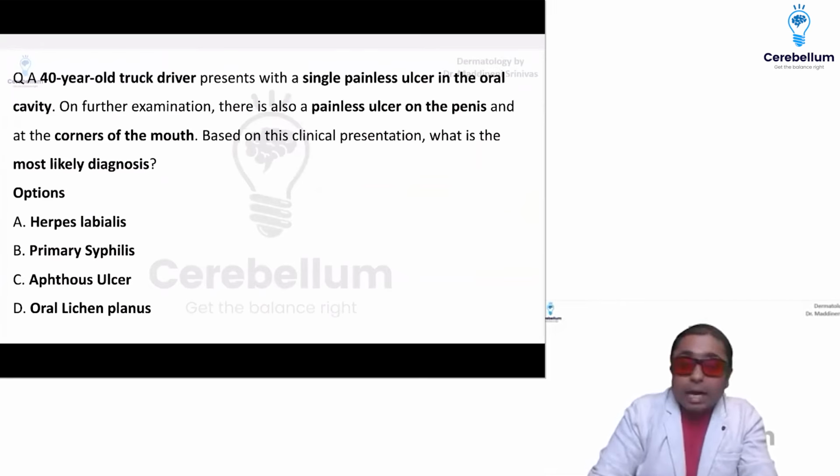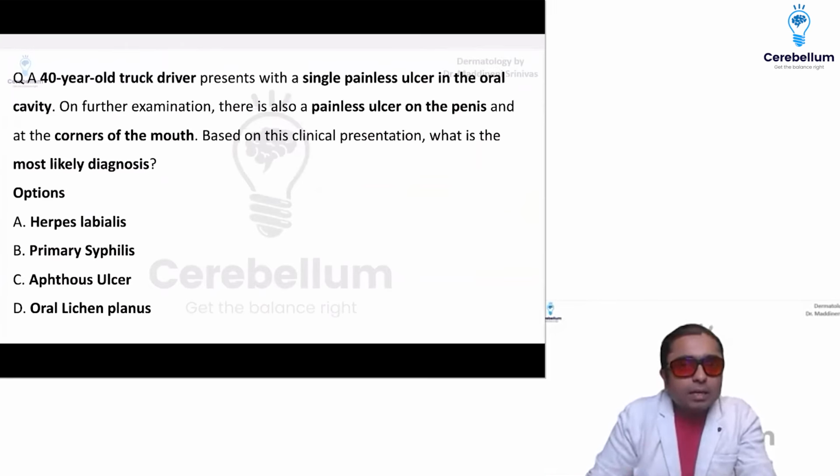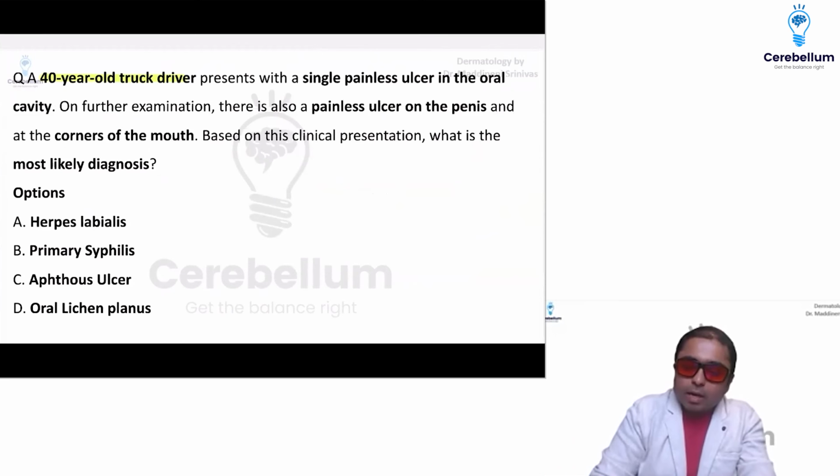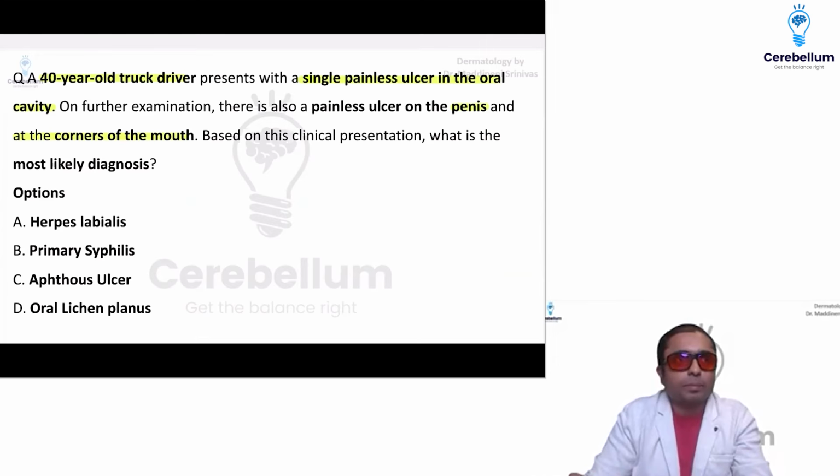So next is, and there were so many STD related MCQs from dermatology in this paper. So this is one among them: a 40-year-old truck driver presenting with a single painless ulcer in the oral cavity. On examination, a painless ulcer on the penis and at the corners of the mouth was noted. Based on this, what is the most likely diagnosis?